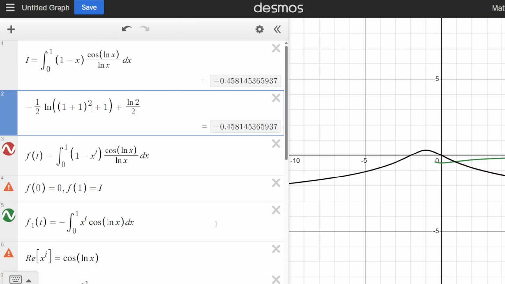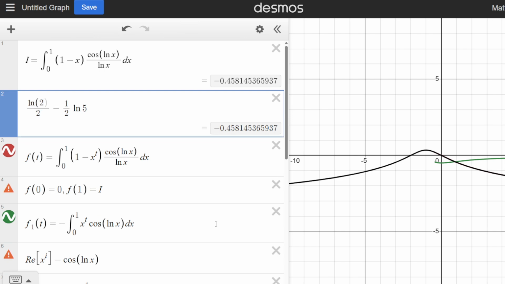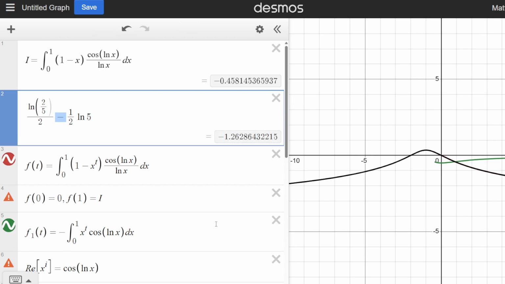This is going to become a 4, so we have a 5. We can switch the order here. Let's just say that's the natural log of 2 over 5. There we go. So it's natural log of 2/5 over 2.